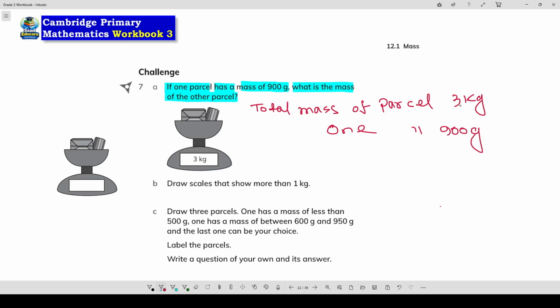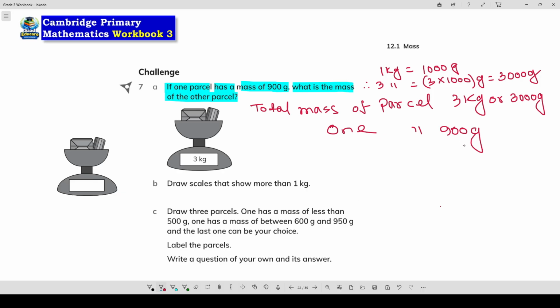This 3 kg we can say in grams, because 1 kg equals 1000 gram. So 3 kg will be 3 times 1000 gram, it means 3000 gram.